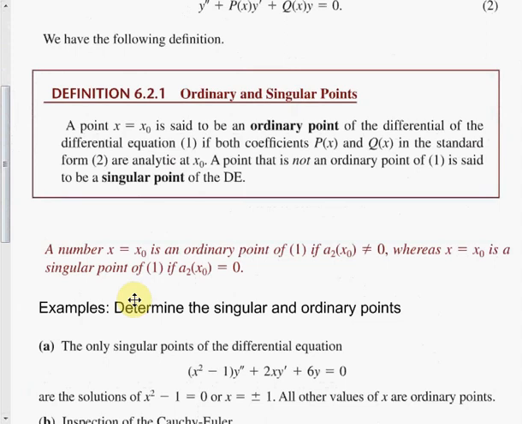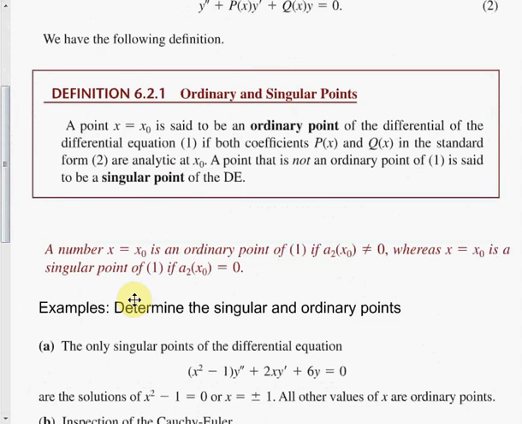So today what we're going to do is determine the values of a sub 2 where I get singular points, but then look at an ordinary point and say, if this x equal to whatever is an ordinary point, there's a theorem that says I ought to have a certain number of solutions from there. So here, x equal to 1, x equal to negative 1 are singular points.